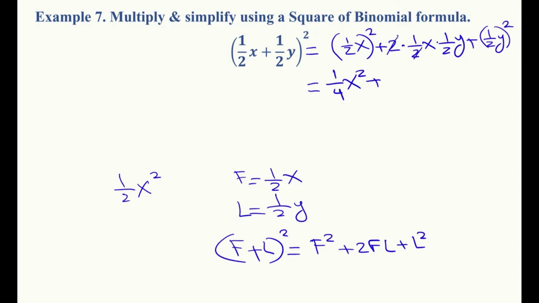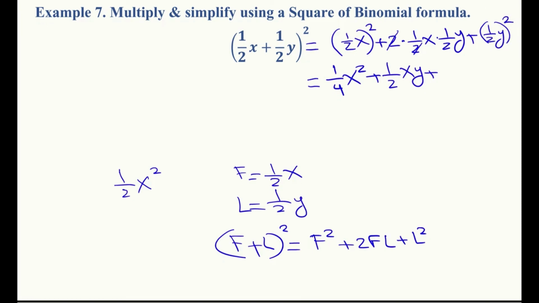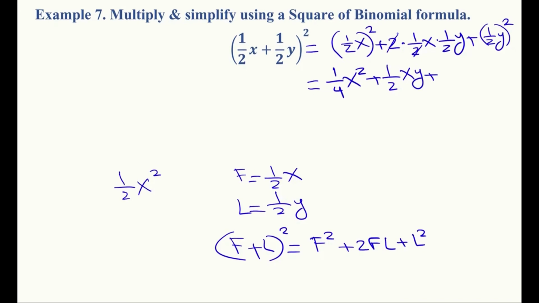So we just get plus 1/2 xy plus, again, 1/2 squared is 1/4 and y squared is of course just y squared. So we get plus 1/4 y squared. And that's all we need to do.